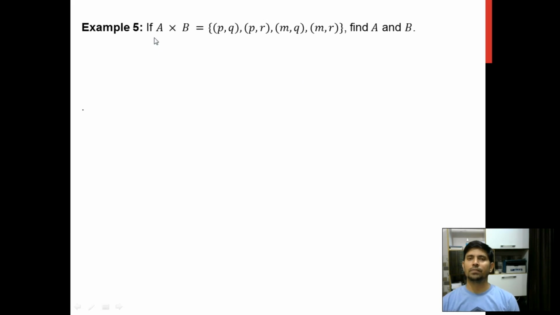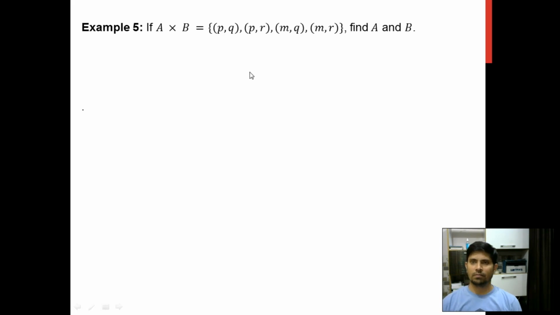See the next example. If A cross B is given, that is (P, Q), (Q, R), (M, P) and so on, like this elements are given and we have to find the value of A and B. It means the Cartesian product is already given and we have to find the sets.